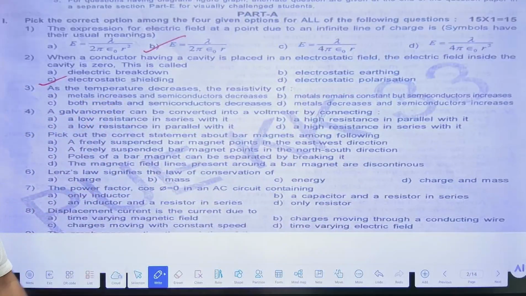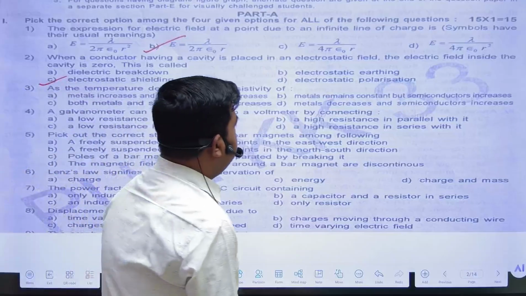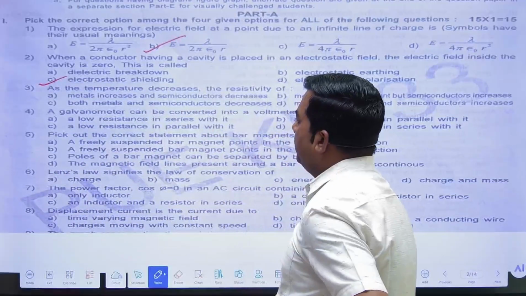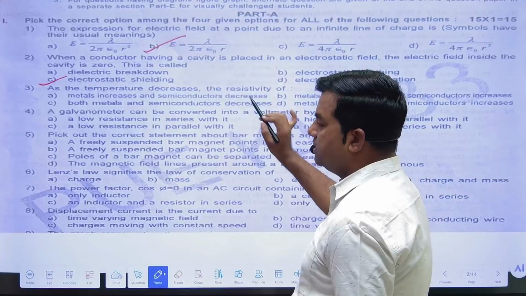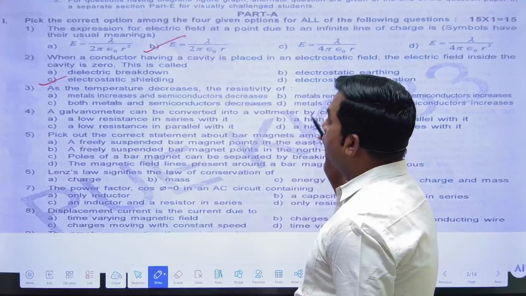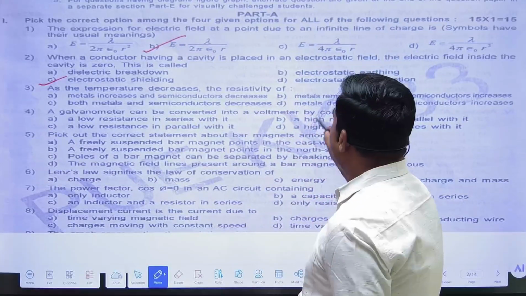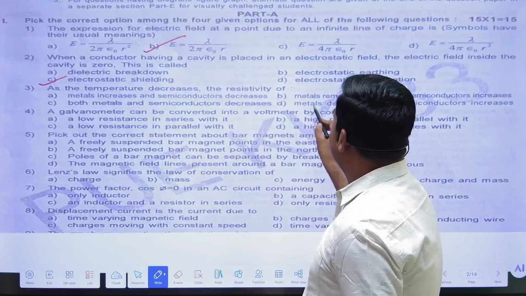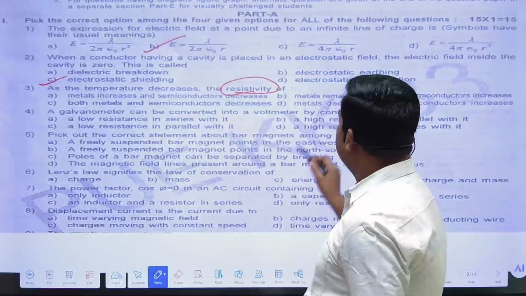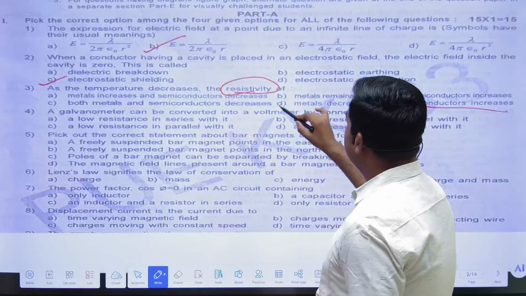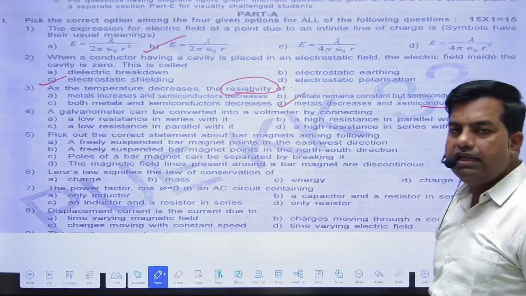On decreasing the temperature, the resistance of metal decreases, and for a semiconductor the resistance and resistivity increase. So option D is correct.